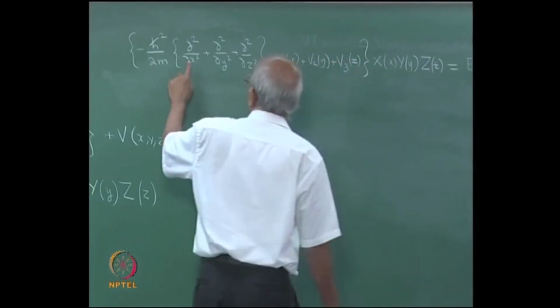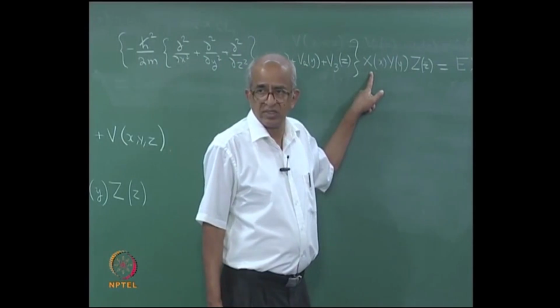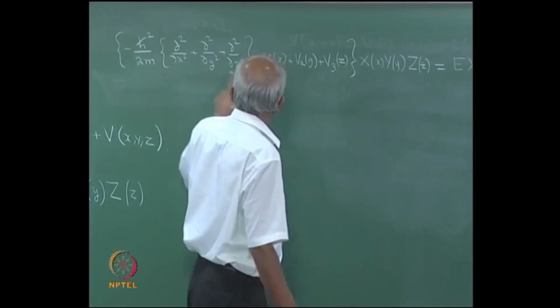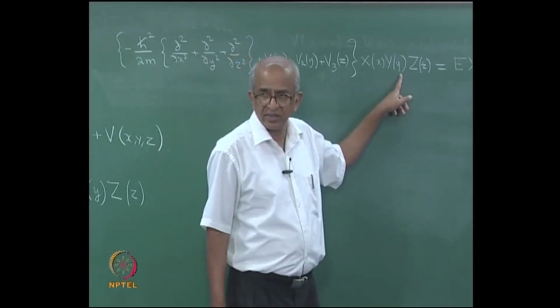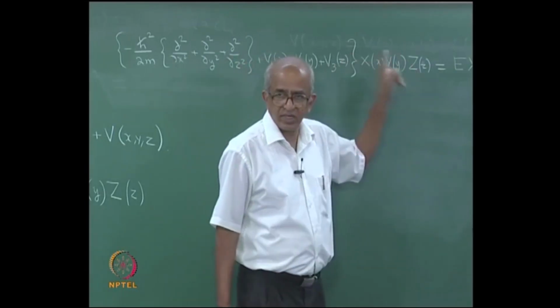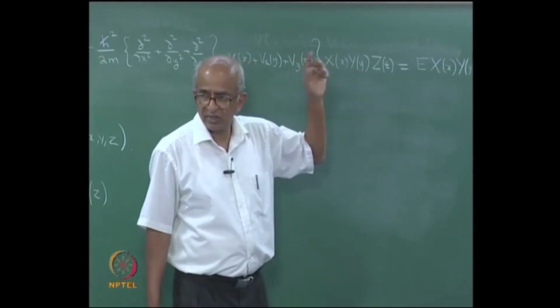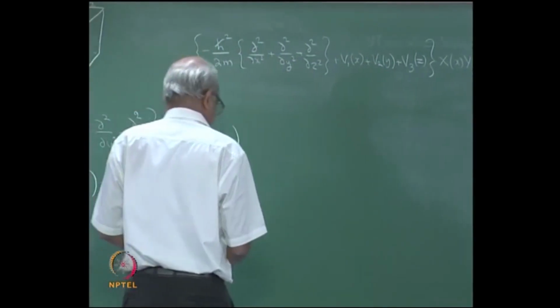So this operator is going to affect only the first part of this product, while the second derivative with respect to y is going to affect only capital Y, and the second derivative with respect to z is going to affect only the last term, capital Z. So let us rewrite this equation.